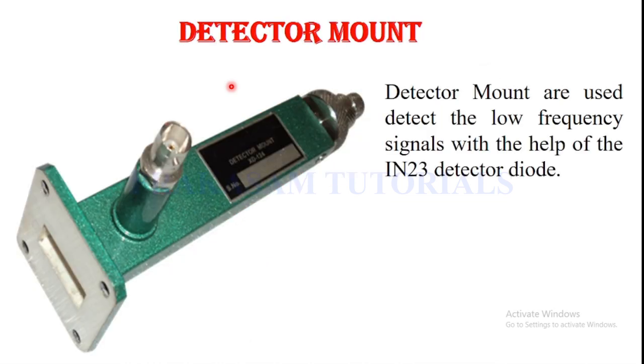And the next waveguide component is detector mounts. Detector mounts are used to detect low frequency signals with the help of the detector diode. The detector diode is mounted on the broad wall of the rectangular waveguide. This is the broad wall of the rectangular waveguide.